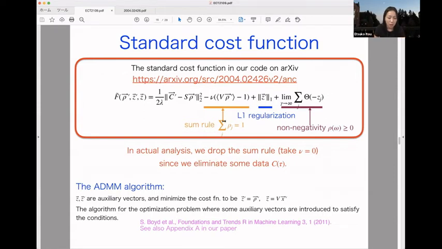So I think that procedure breaks the sum rule. Now the optimization problem has several constraints, and to solve such an optimization problem under constraints, there is a somewhat recent algorithm, the so-called ADMM algorithm. So we can solve this kind of problem.